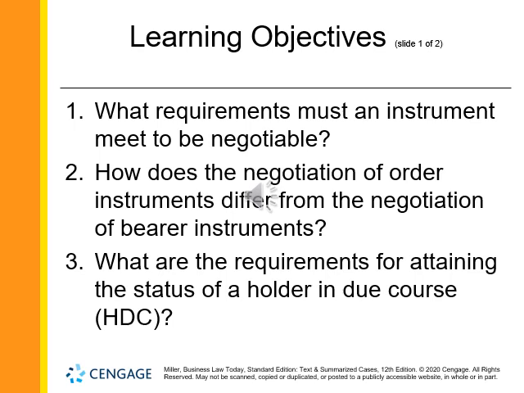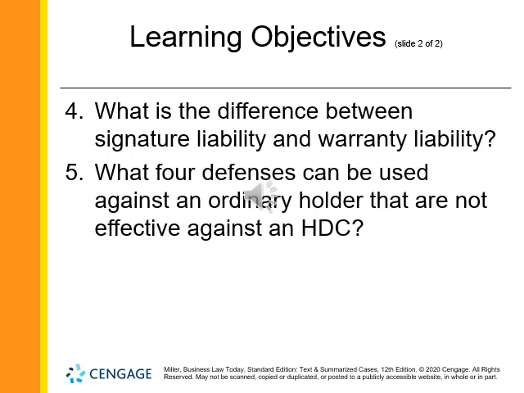Second, how does the negotiation of order instruments differ from the negotiation of bearer instruments? And what are the requirements for attaining the status of a holder in due course, HDC? Additional learning objectives include: what is the difference between signature liability and warranty liability, and what four defenses can be used against an ordinary holder that are not effective against an HDC, or holder in due course?